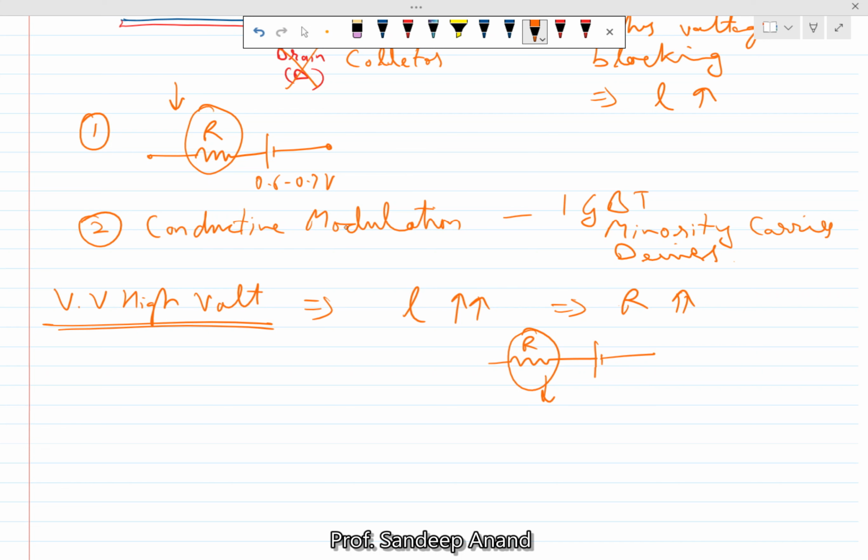So usually for very high voltage and current applications, IGBT would give you smaller overall voltage drop and thus smaller conduction losses as compared to the MOSFET.